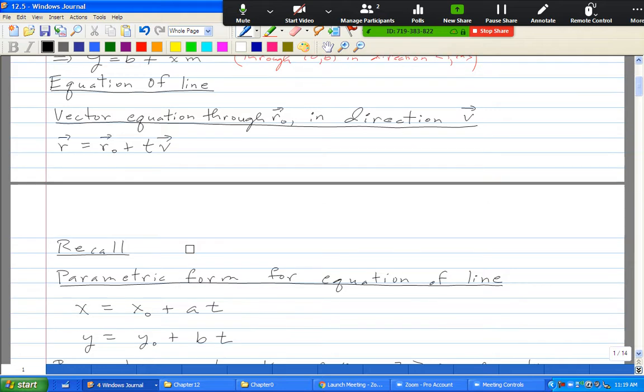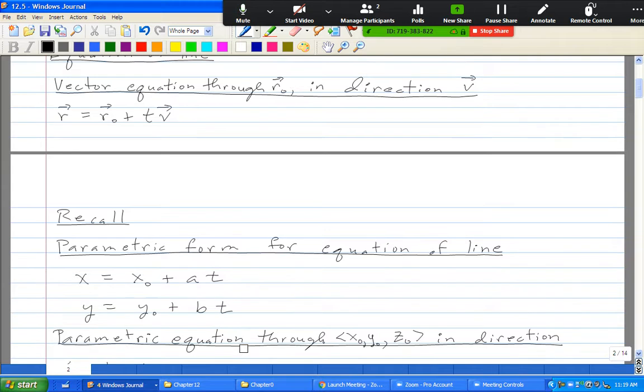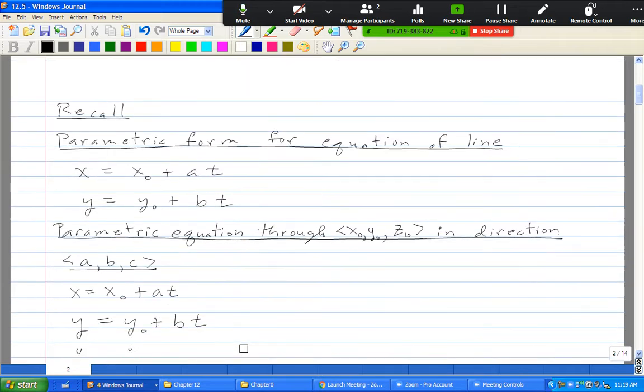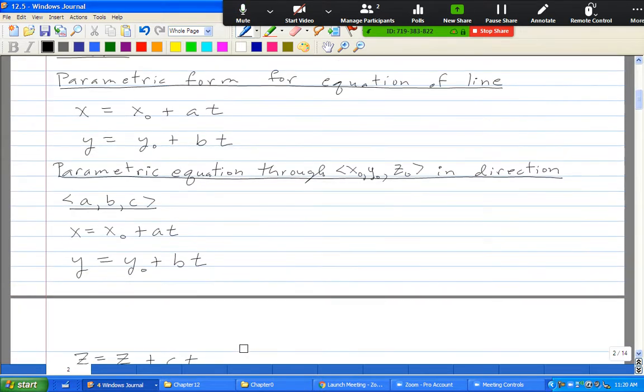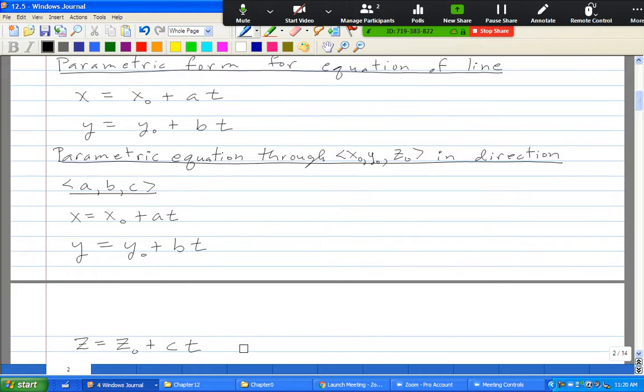Let's recall the parametric form for the equation of a line, x equaling x0 plus at, y equaling y0 plus bt. Well, actually, if I do this for a line in 3 dimensions, it's the same thing.